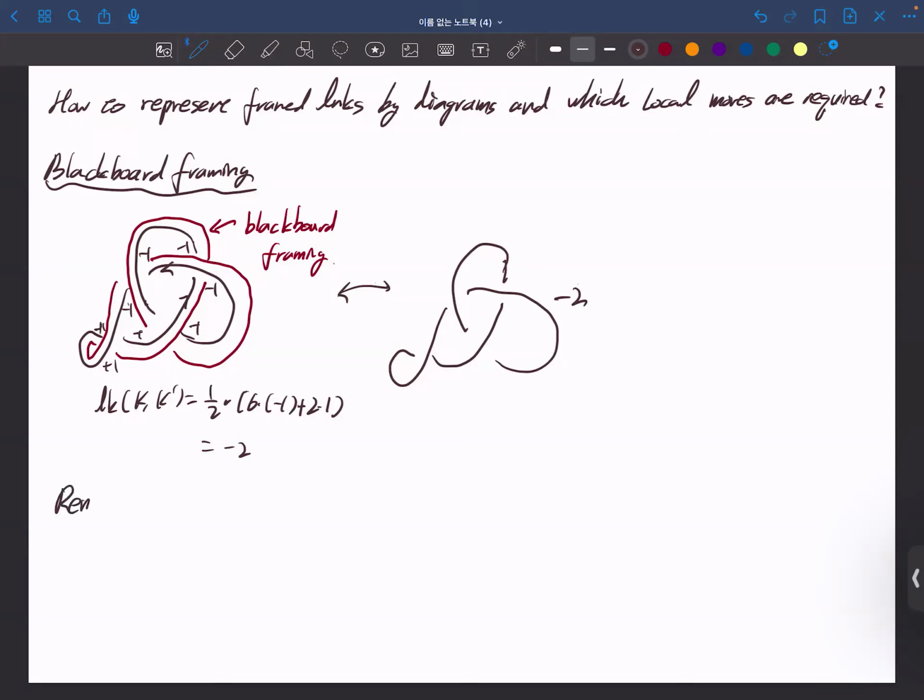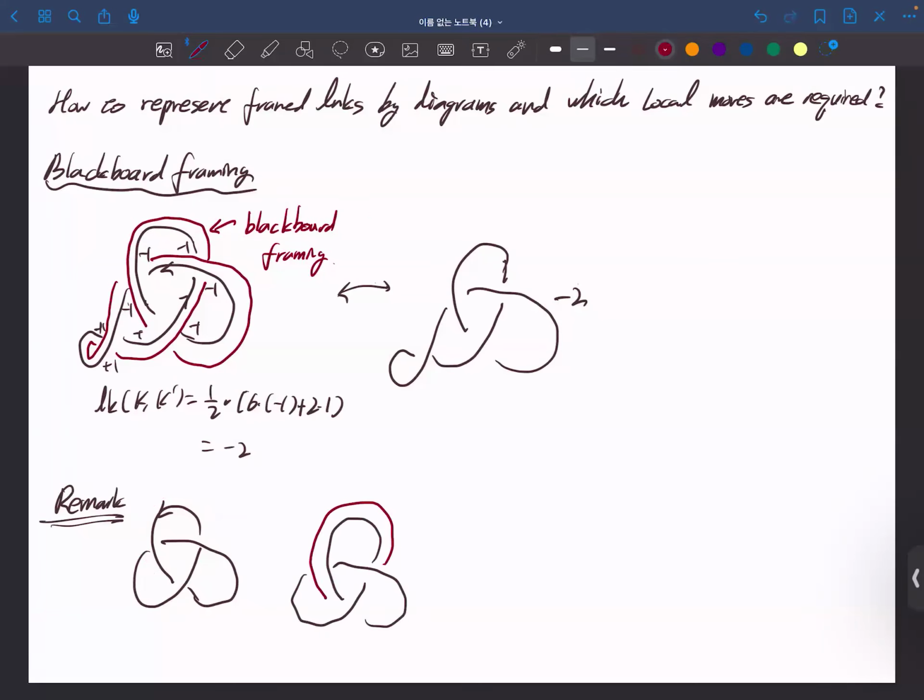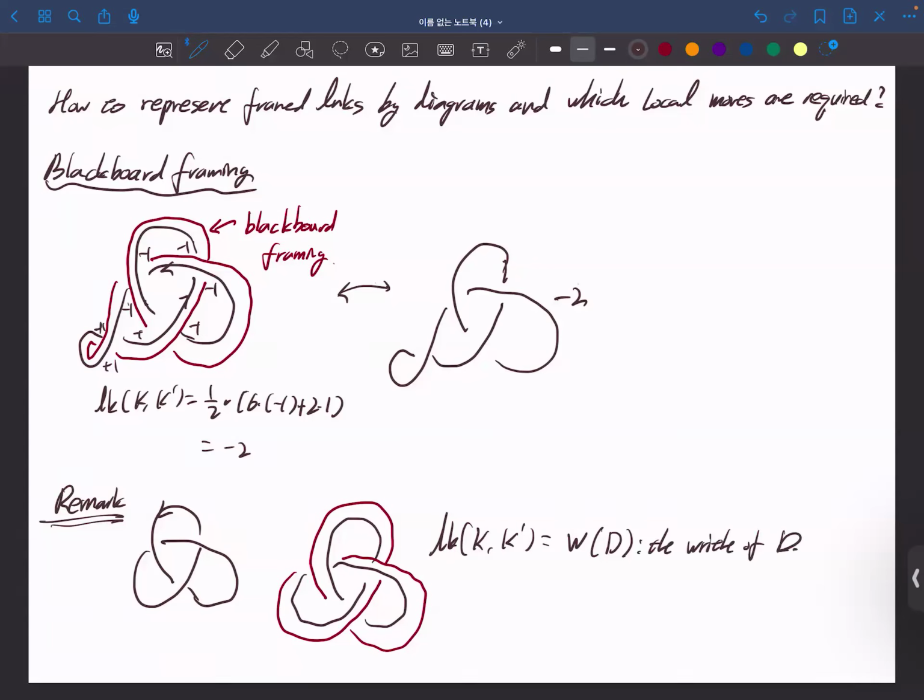And here I have one small remark. For example, when we have such a knot and we draw blackboard framing like this, then the linking number of K and K prime is equal to the writhe of D. Then what is the writhe of D?